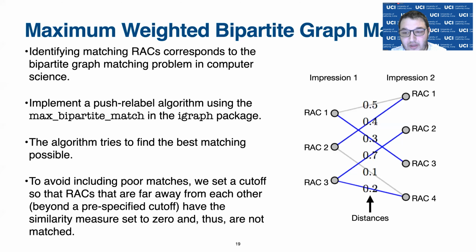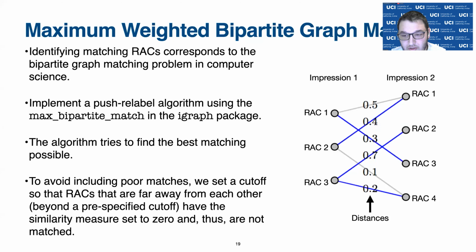And then in between, we have the distance or the similarity between the racks. So you could see that rack 1 in impression 1 was similar to rack 1 and rack 3, but not similar to rack 2 and rack 4, and so on. And then the blue lines indicate our matching. We actually restricted further to the 1-to-1 matching.